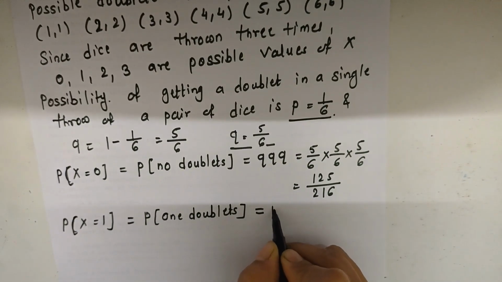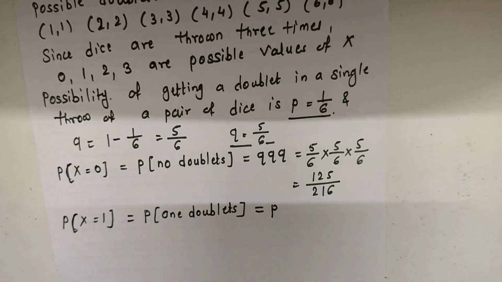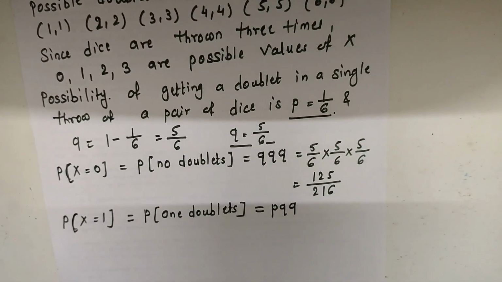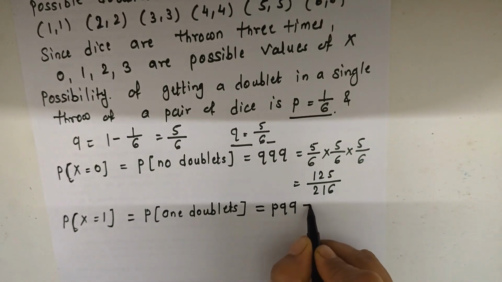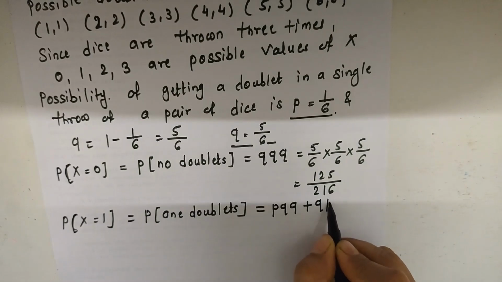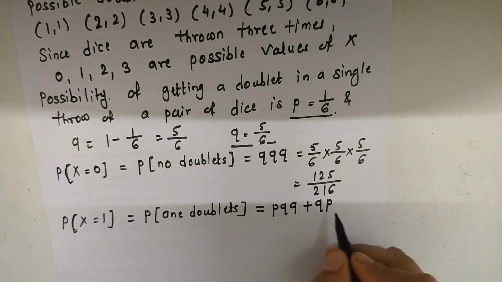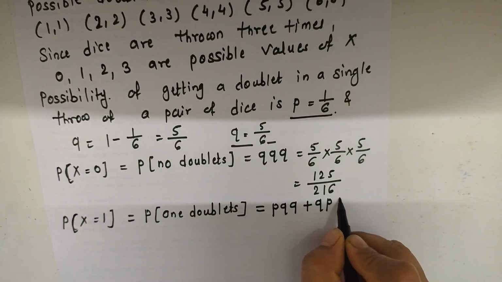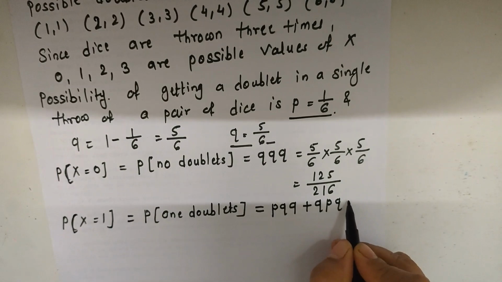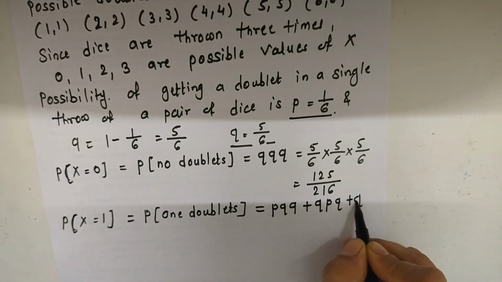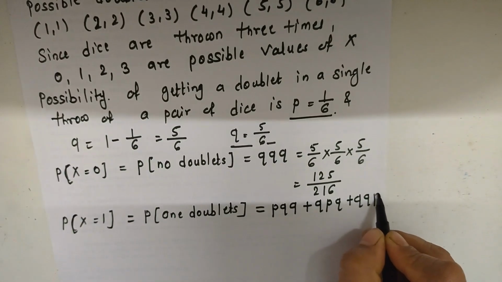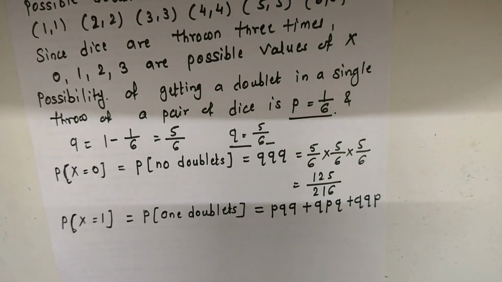First, the first time we get a doublet and the other 2 times we get failure. The second possibility is first time failure, second time success, that is a doublet, and third time failure. The next possibility is first and second time failure, and the third time a doublet.